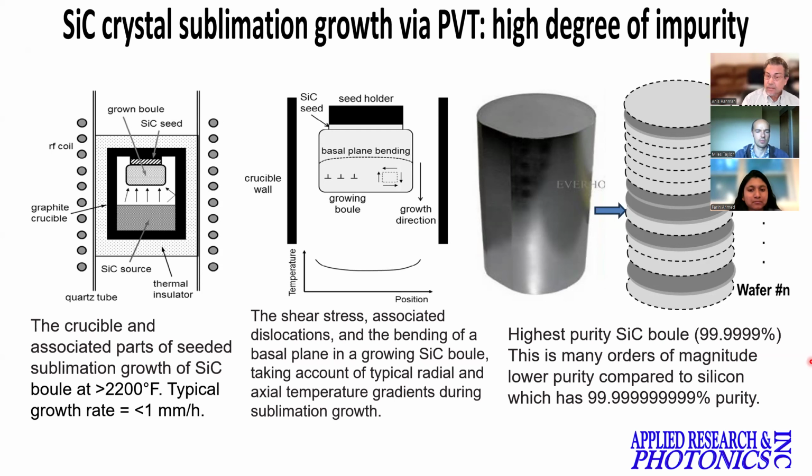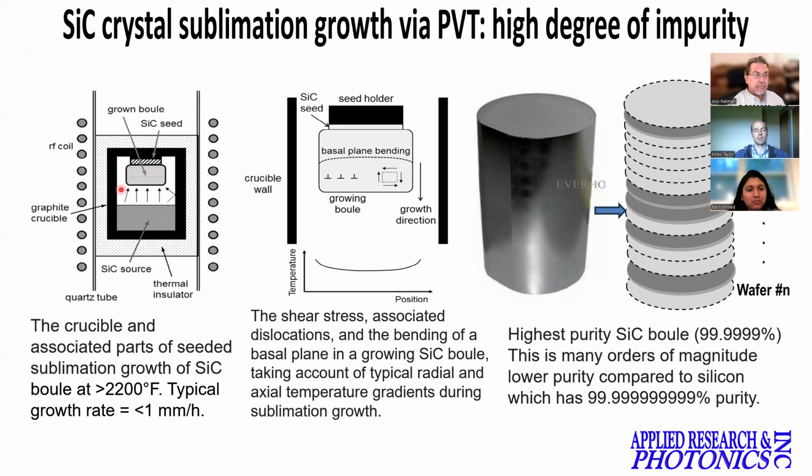PVT, not PVD. Physical vapor transport, because what happens is we take the silicon carbide source, which is basically silicon and carbon. Both of them are evaporated, they sublime. They don't melt, they are evaporated. And then they go and deposit on the seed, a silicon carbide seed crystal.